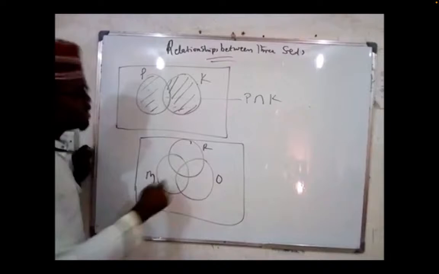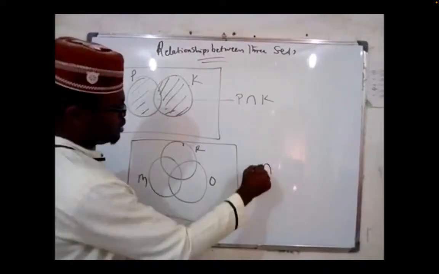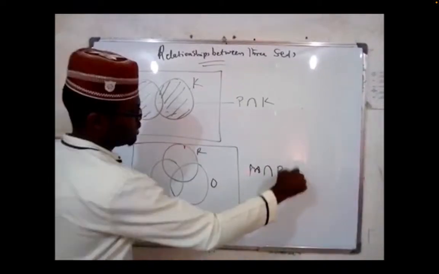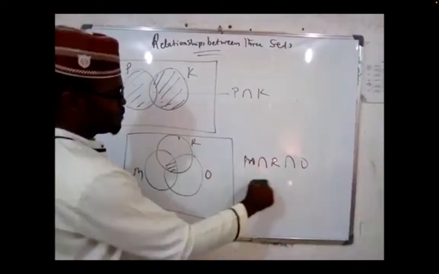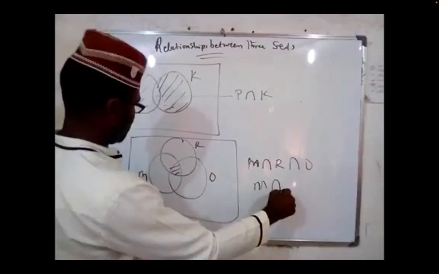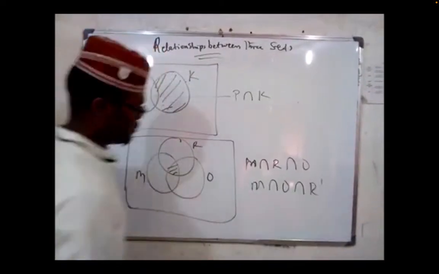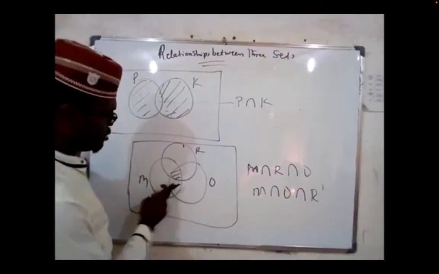Where do we represent the M intersection? This should be capital letter. M intersection R intersection O. Where should that be? Here. Middle, isn't it? Where can we have M intersection O intersection R prime? Down part. Where? Thank you, that is here.